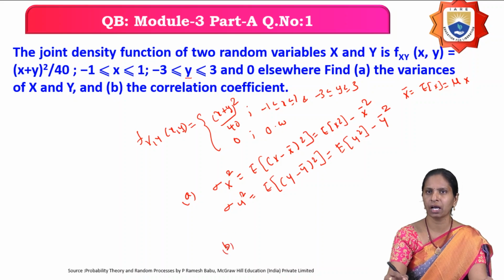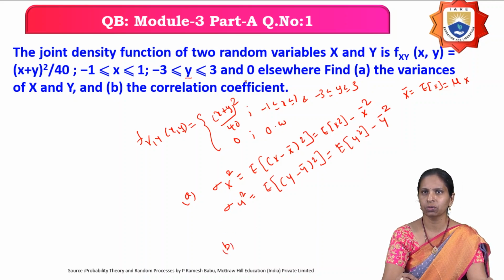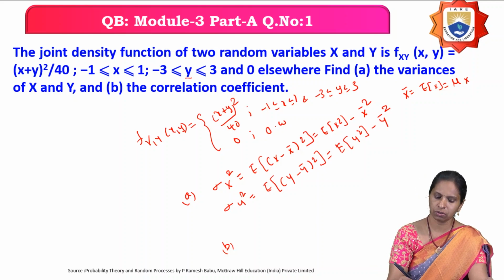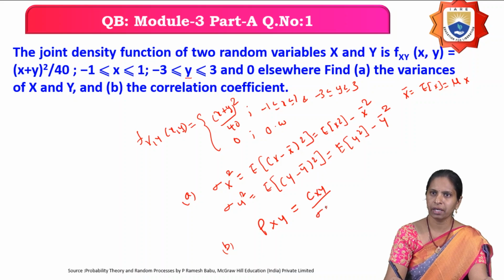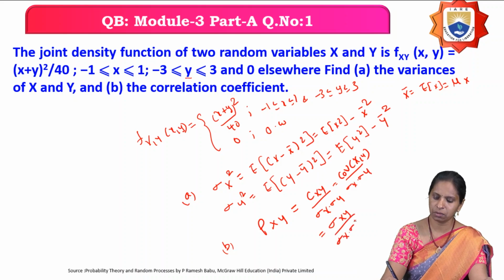And the second one, you have to calculate the correlation coefficient of the two random variables x and y. What is the correlation coefficient? It is defined by rho xy, it can be written as Cxy by sigma x into sigma y, that is covariance of x comma y by sigma x into sigma y, also represented as sigma xy by sigma x into sigma y.